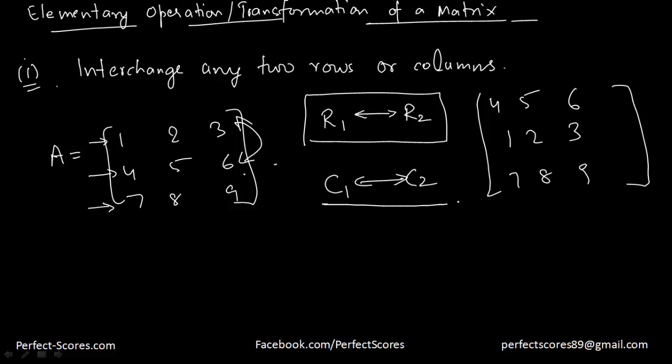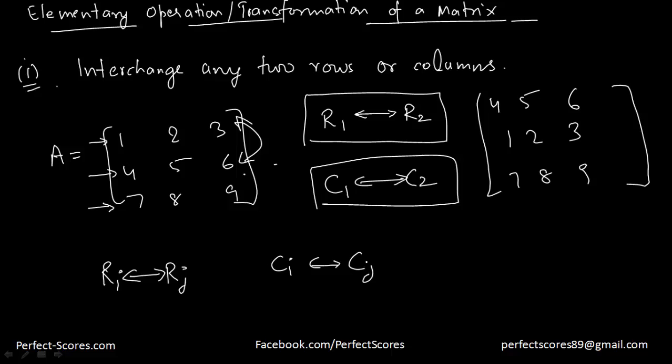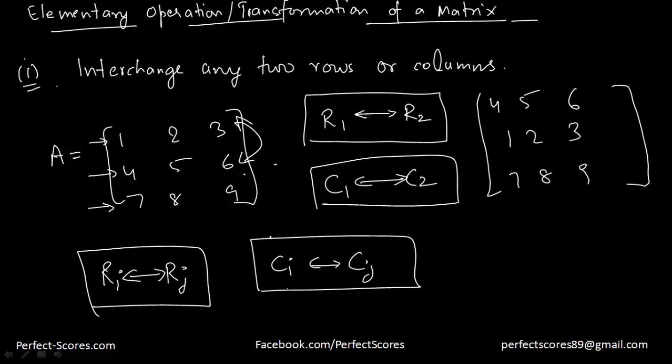Symbolically, you say Ri is interchanged with Rj, or column i is interchanged with column j. You can do it only for rows or only for columns. You can't do it for a row and a column. So this is the first elementary operation.